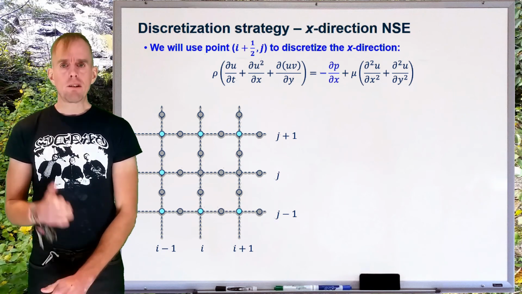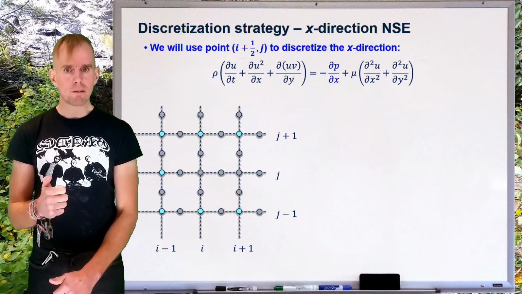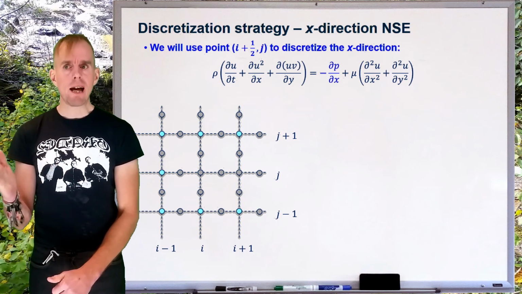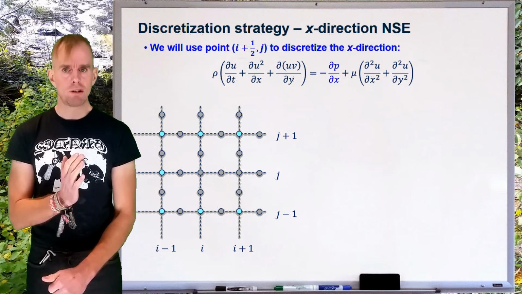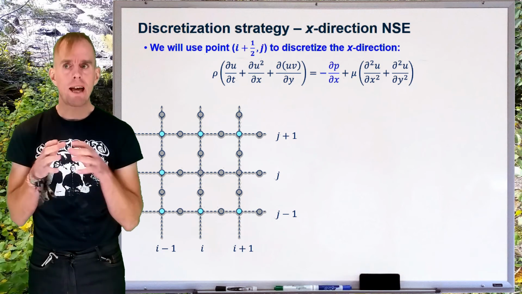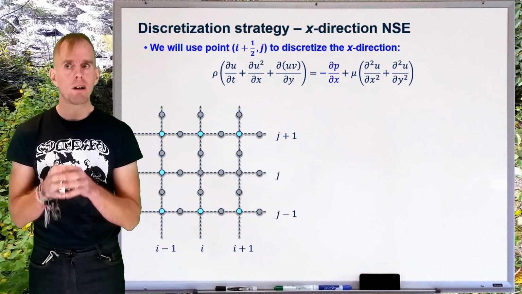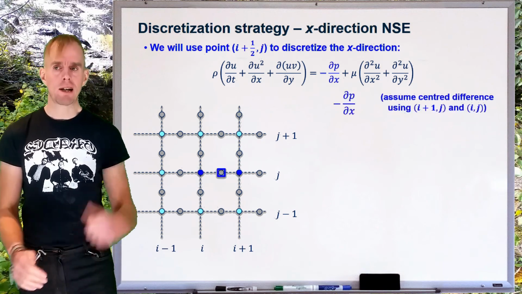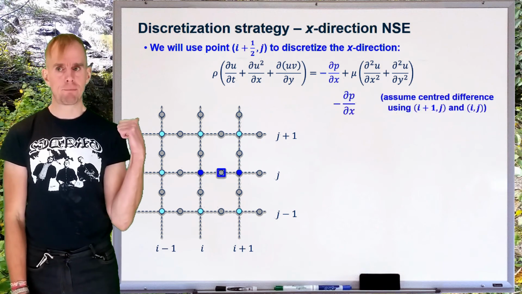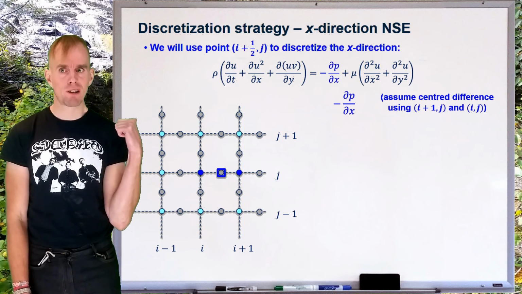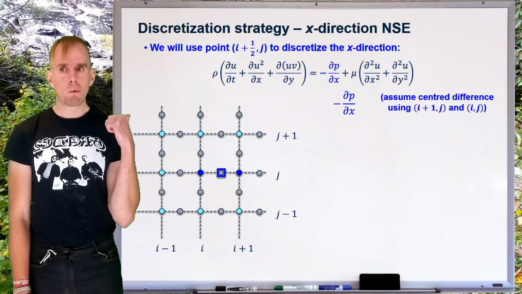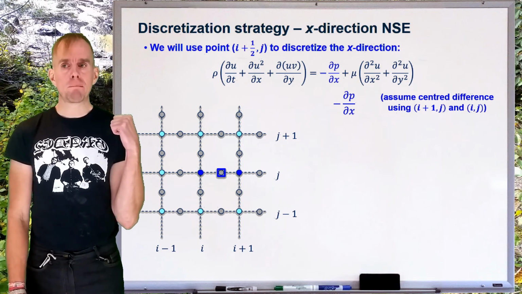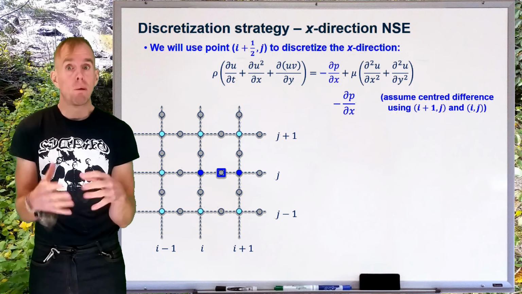So that's where my pressure nodes exist, but in the x direction for the Navier Stokes equations, what I'm going to do is discretize everything at point i plus a half, j. So pressure in this case would be discretized here. Now, I've got a symbolic notation convention here. Square symbols means that that parameter in question doesn't exist at the point I've drawn it.